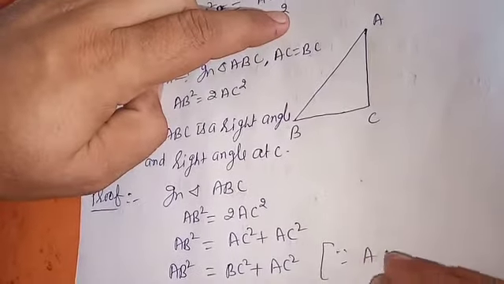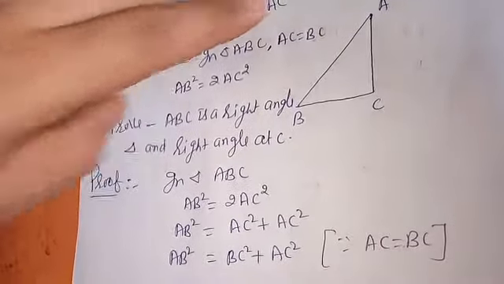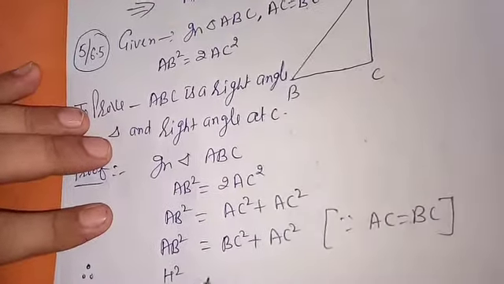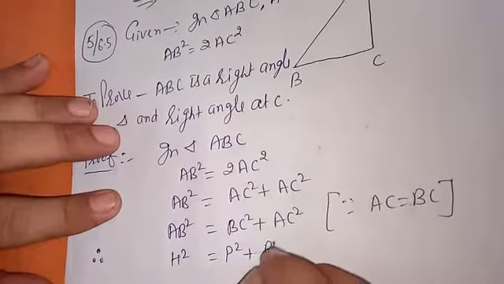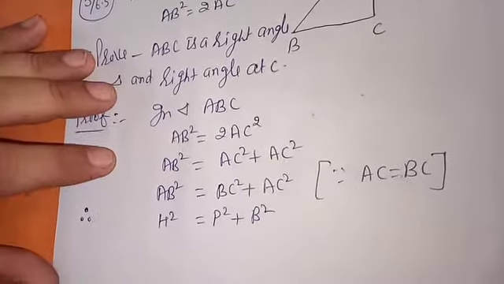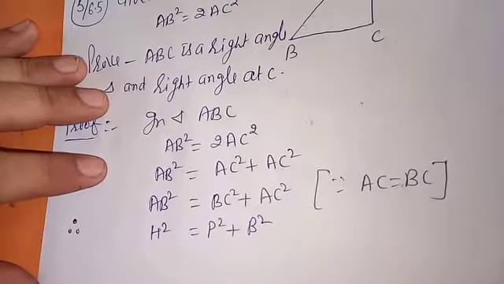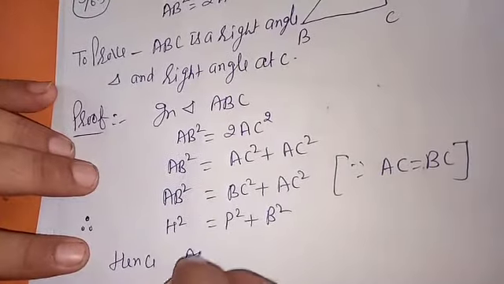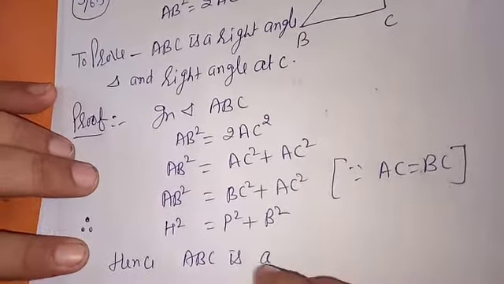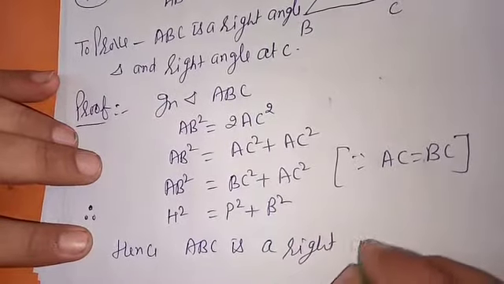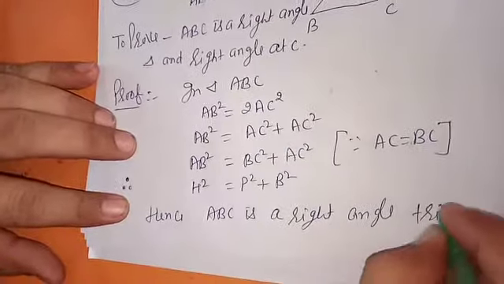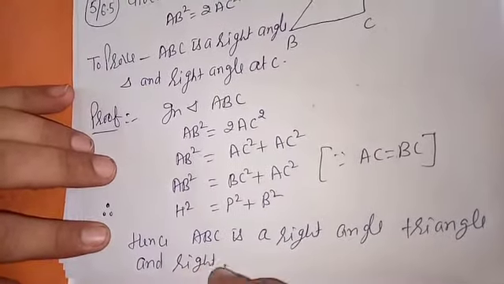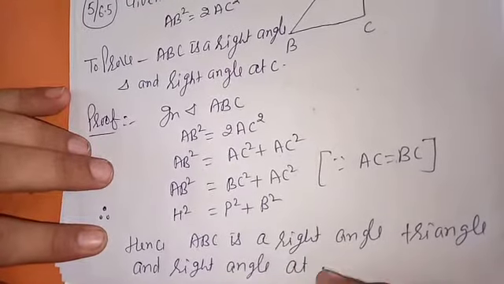Reason: AC equal to BC. Therefore, hypotenuse square is equal to perpendicular square plus base square. Understood? Hence, ABC is a right angle triangle and right angle at C.